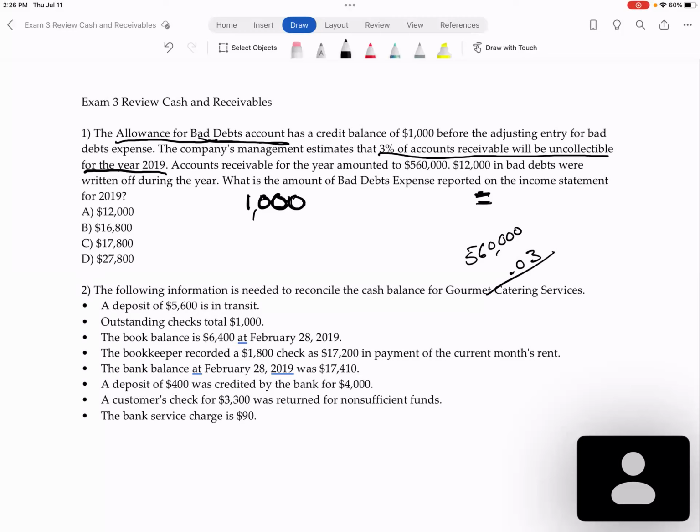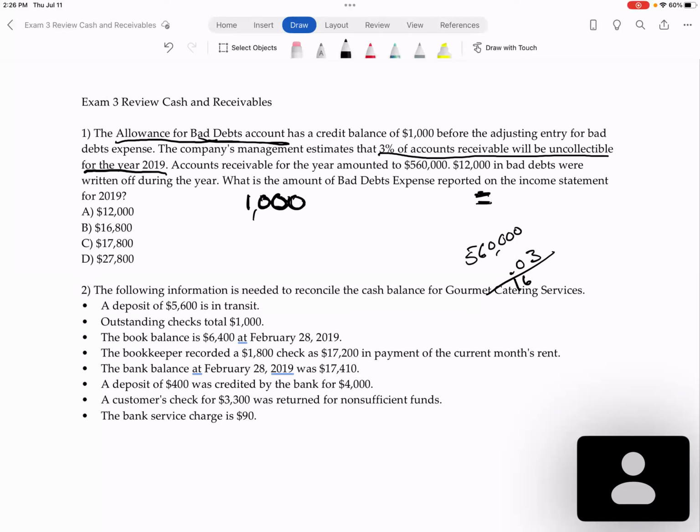That gives us 16,800. So that goes on this side of the equation. This is the number that we need to get to, and you'll see we kind of have to plug a number to get there.